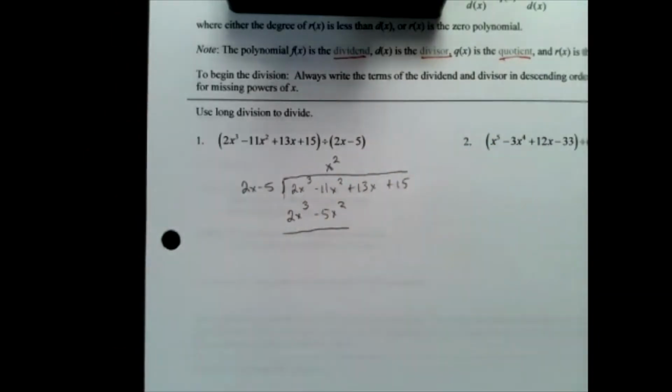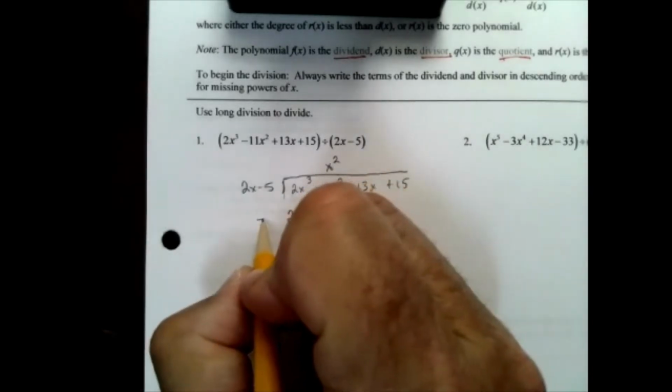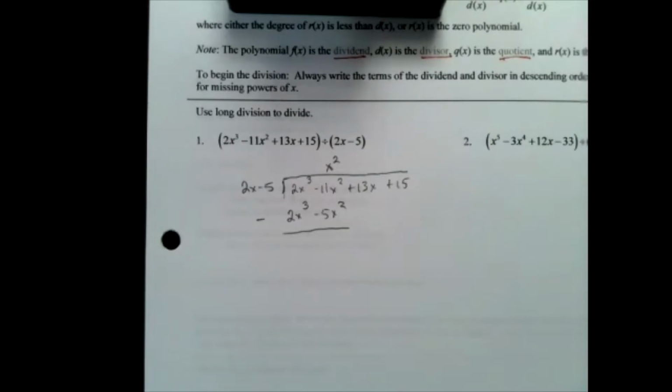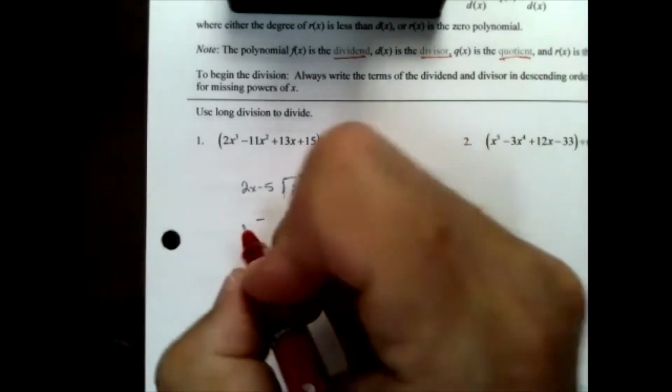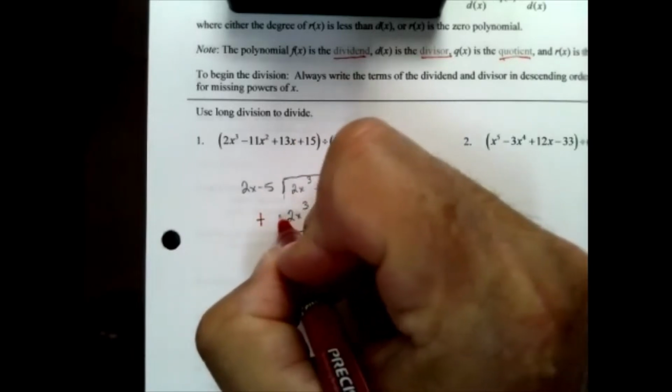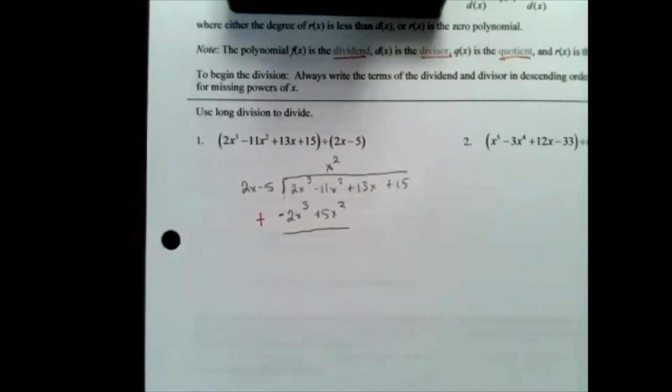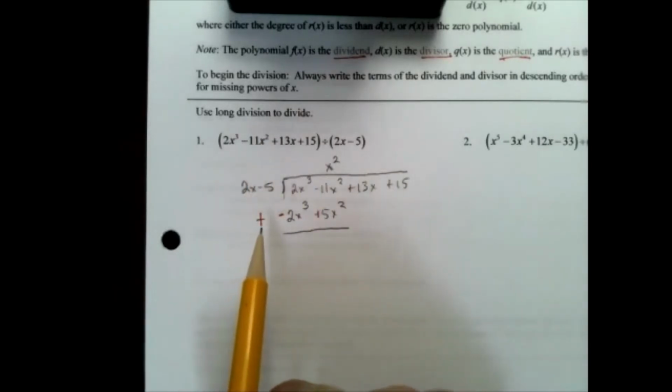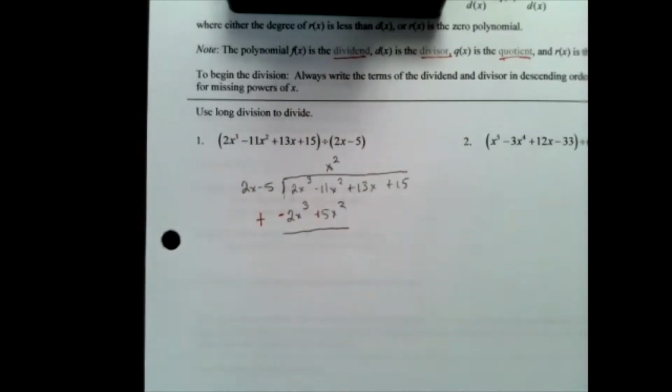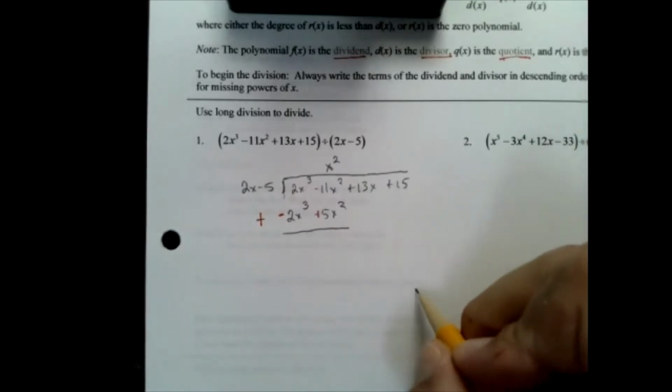Now, if you remember from long division, the next thing you would do is subtract. But in our world of polynomials, it's easier for us to think of subtraction as adding the opposites. So I'm going to subtract, but I'm going to help myself out by making it add the opposites.